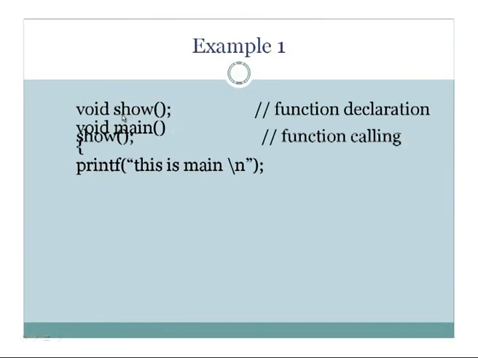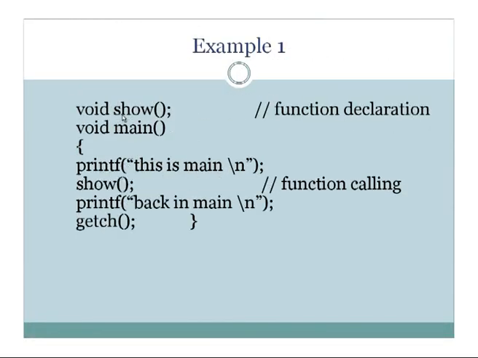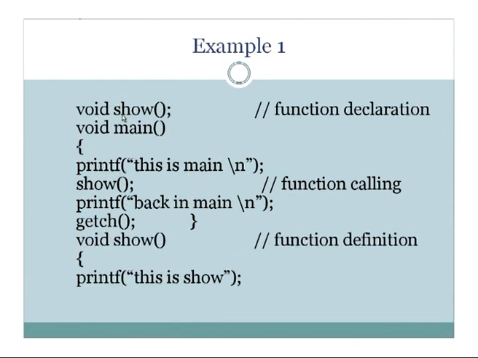In this example, we are declaring a simple function with the name show. You see on the computer screen that we have declared a function with return type void, and then name of the function is show followed by parenthesis and terminated by semicolon.